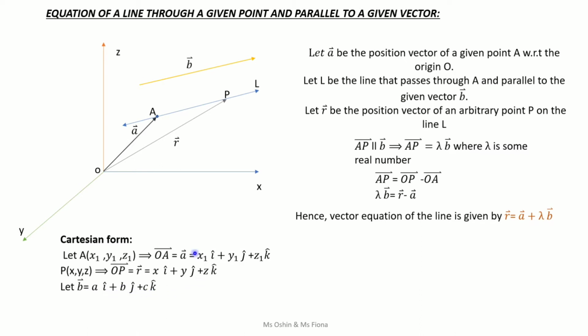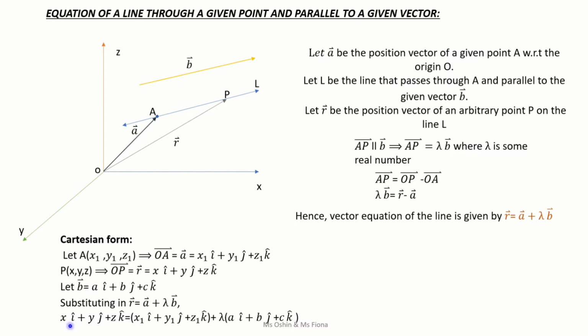Now substituting all this information in the vector form of the equation, we get x i cap plus y j cap plus z k cap is equal to x1 i cap plus y1 j cap plus z1 k cap plus lambda times a i cap plus b j cap plus c k cap. Next step, let's equate the terms.